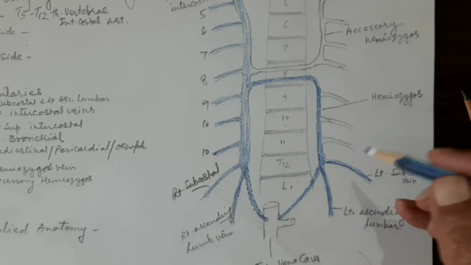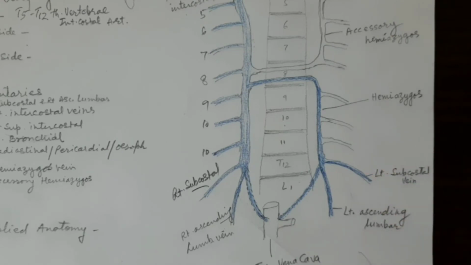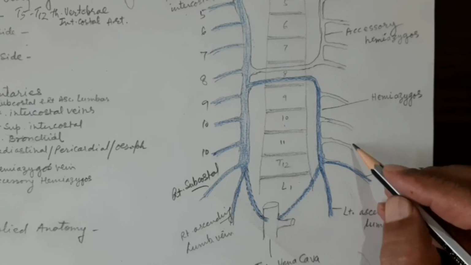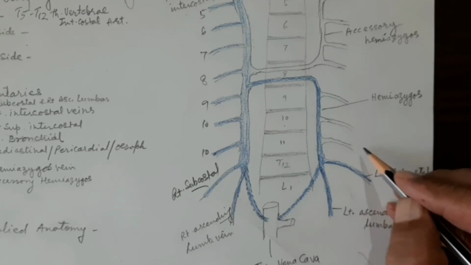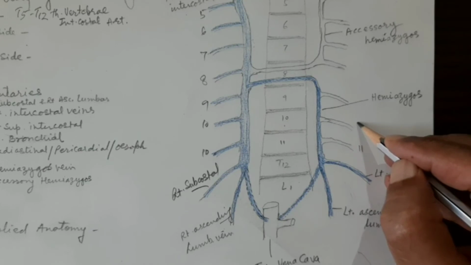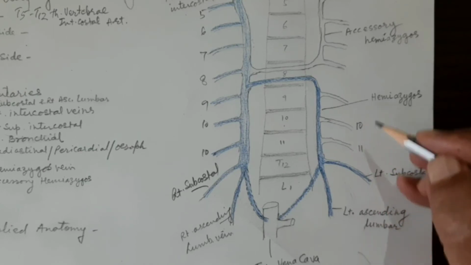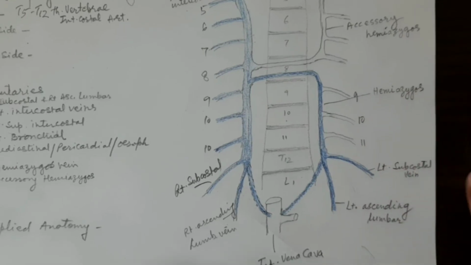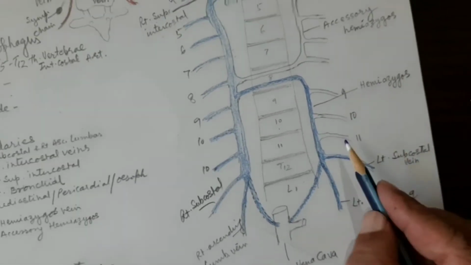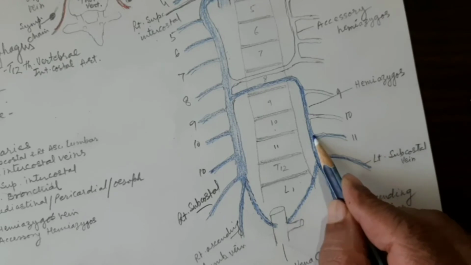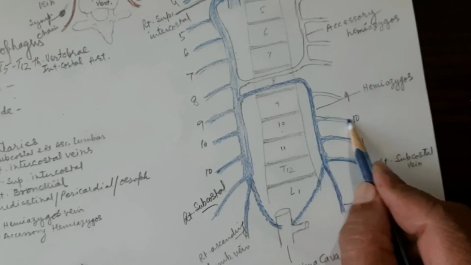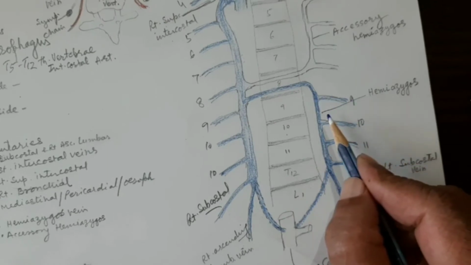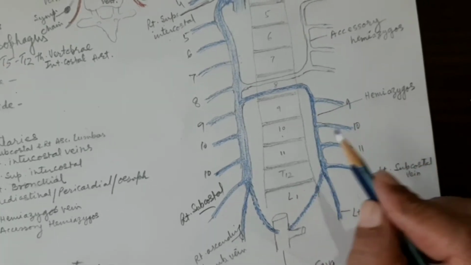Other tributaries are the posterior intercostal veins on the left side: the 11th, 10th and 9th, and the 8th also. So this is the 11th posterior intercostal vein on the left side, the 10th vein on the left side, and the 9th vein on the left side.